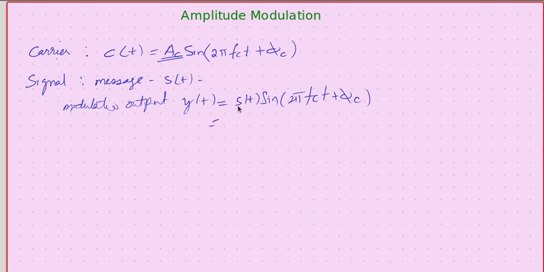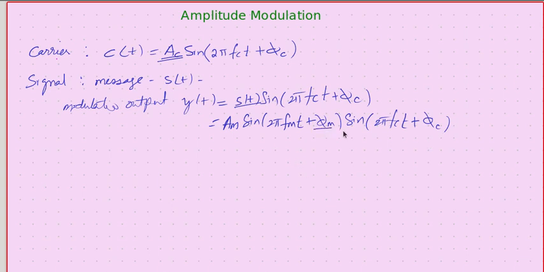So if you assume that the signal is some sinusoidal, for example, then it can be some magnitude Am sine 2 pi fm t plus phi m times sine 2 pi fc t plus phi c.